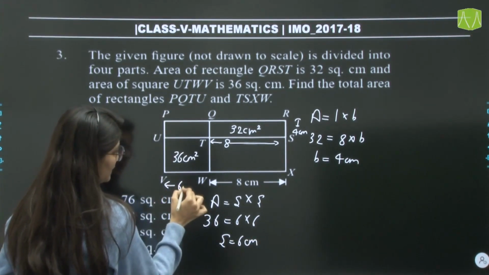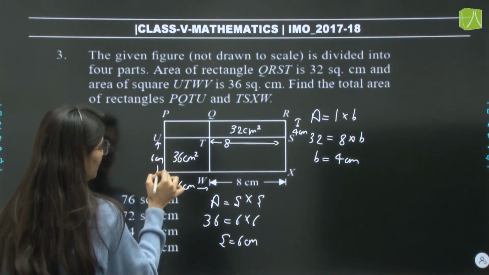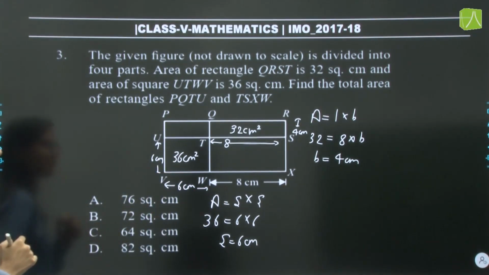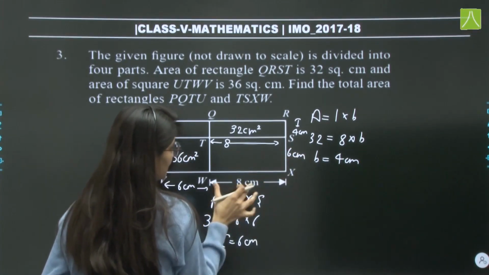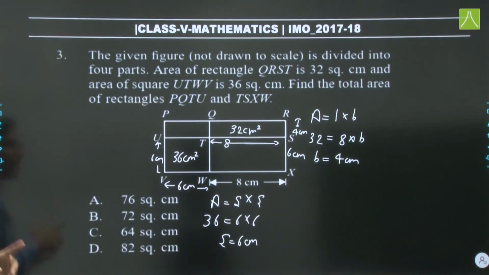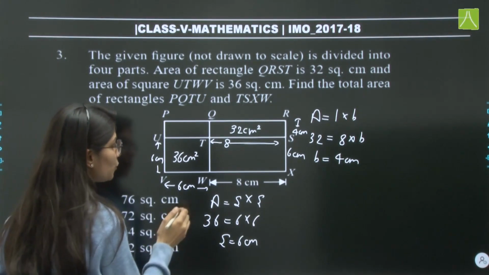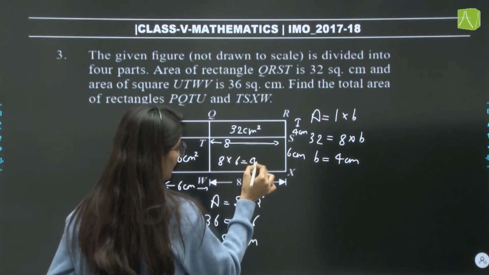This VW is 6 centimeter and this UV is also 6 centimeter. Now from this UV we can say that SX is also 6 centimeter. And this 8 centimeter and 6 centimeter, we can find out the area of TSXW, that is length into breadth, 8 into 6, 48 centimeter square.